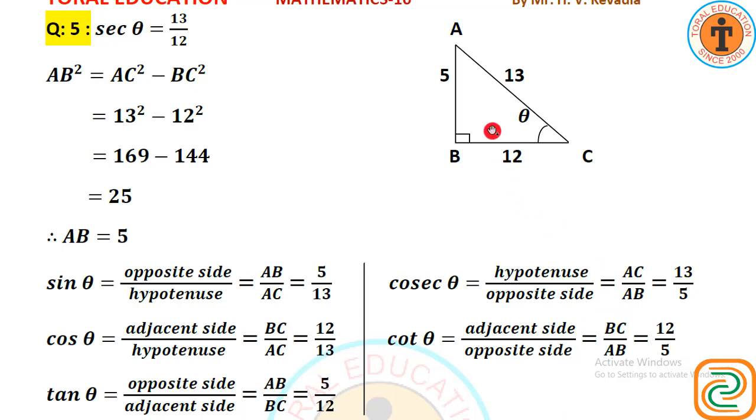AC upon AB, that is 13 upon 5. Cot theta is the reciprocal of tan theta, adjacent upon opposite, BC upon AB, so 12 upon 5. These are the 5 trigonometric ratios other than sec theta.